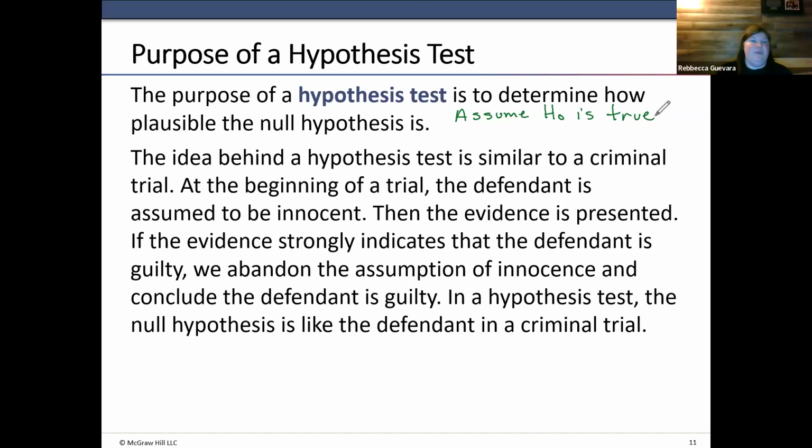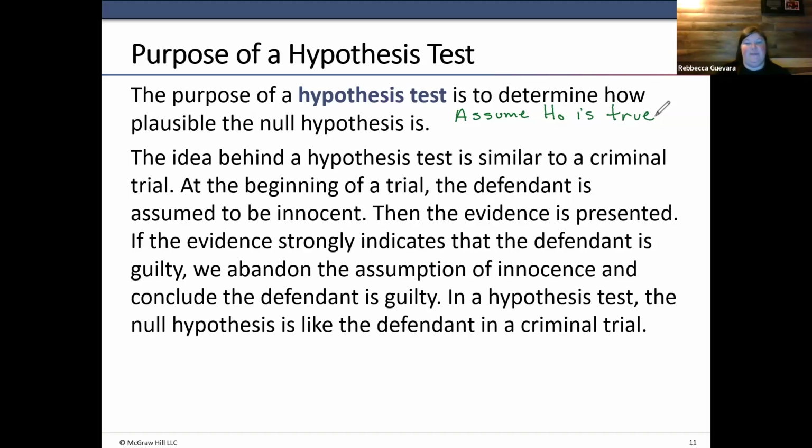Is it really true? So the idea behind a hypothesis test is similar to a criminal trial. At the beginning of the trial, the defendant is assumed innocent. So we assume the null hypothesis is stating the truth. So we need to gather evidence, and we need to have really strong evidence to show that no, the null hypothesis is not telling the truth. It is, in fact, false.